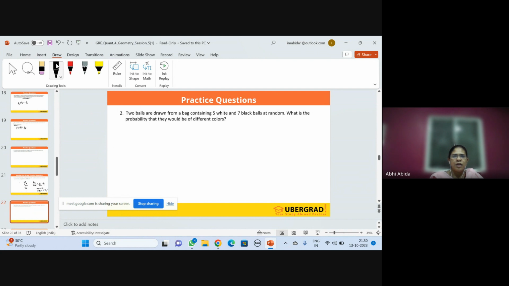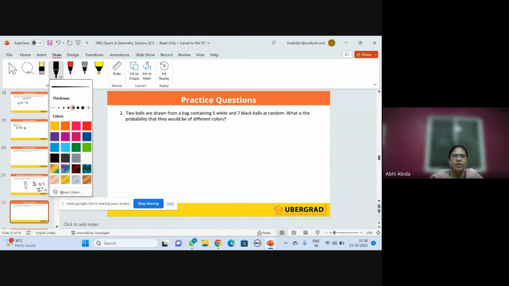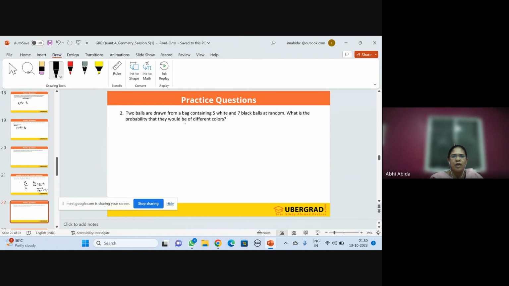Whenever the question is regarding more than one, I already suggested you to apply combination. So required by total. What will be the total? Total is nothing but, how many balls are to be drawn? 2 balls are to be drawn from how many balls exactly? 5 plus 7, 12. 12C2 will be my total.